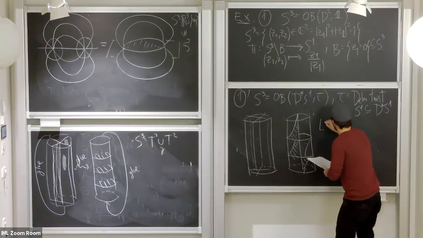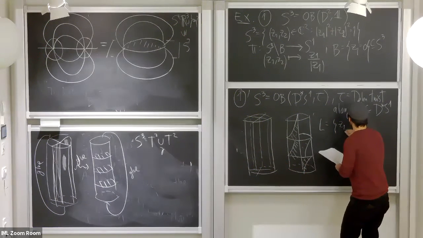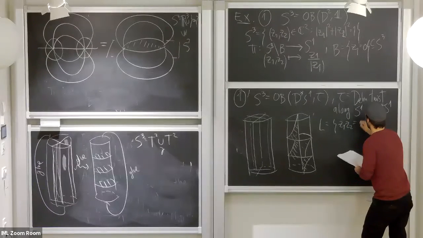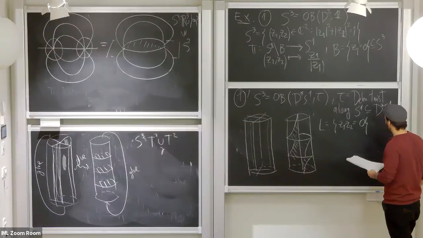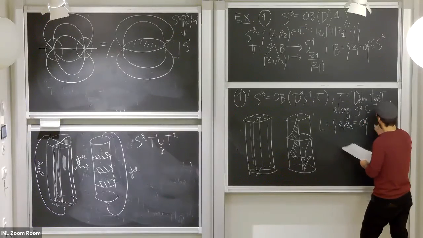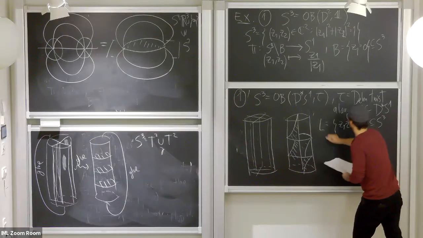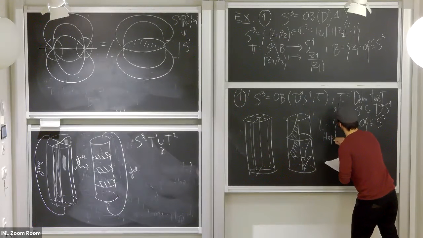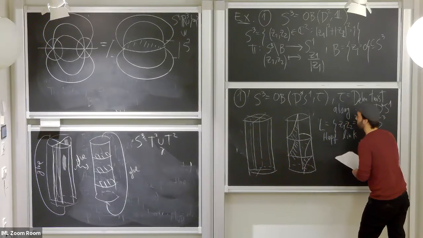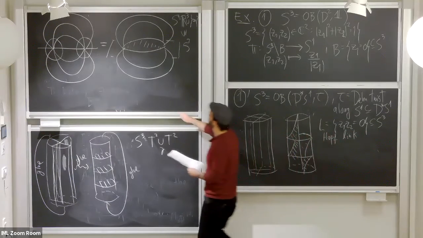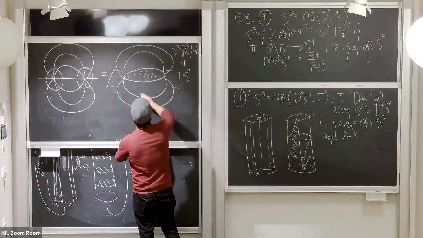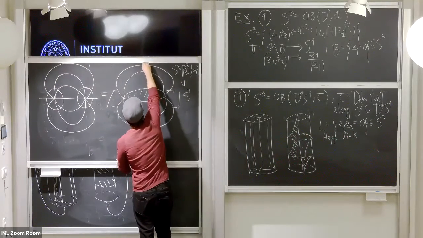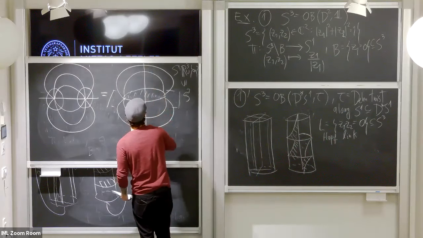a concrete way of realizing this is by looking at the Hopf link, which is just z1 times z2 equals 0 inside S3. This is the Hopf link. And so this, in the picture above, is just the union of this circle with the circle that goes through infinity. So that's the Hopf link.